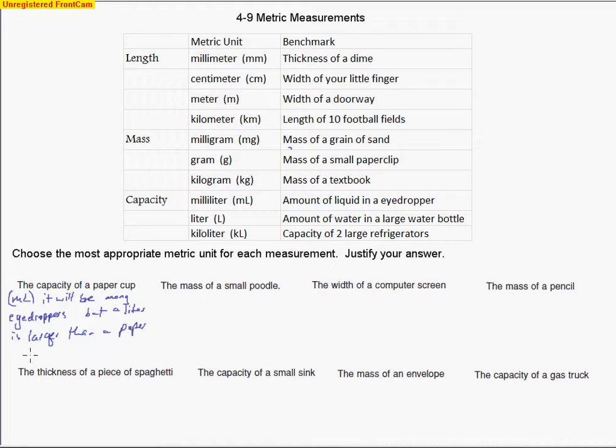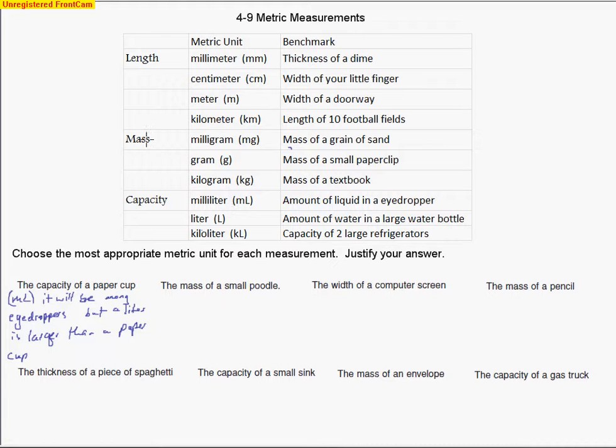So I want to go with something that doesn't give me something too much bigger than what I'm dealing with. That's why I'd go with the next unit smaller, even though there's going to be lots of milliliters to make up the amount of capacity in the paper cup. Because the paper cup is going to be smaller than a large water bottle, I'm going to go with the milliliter.